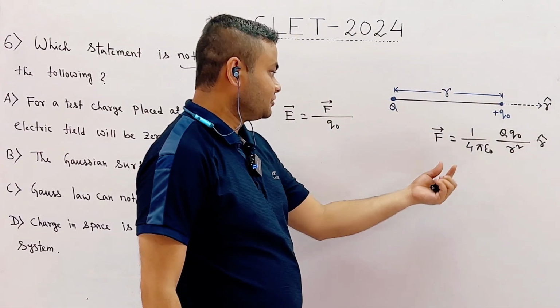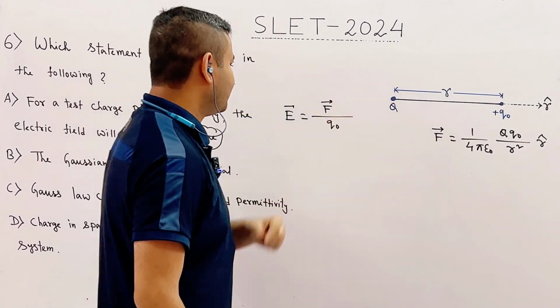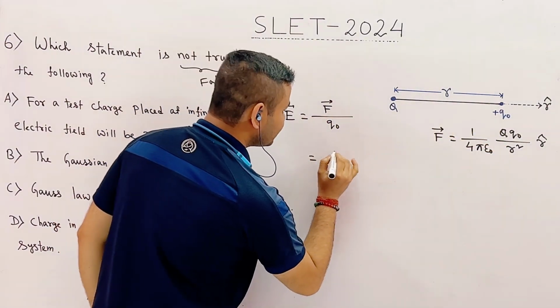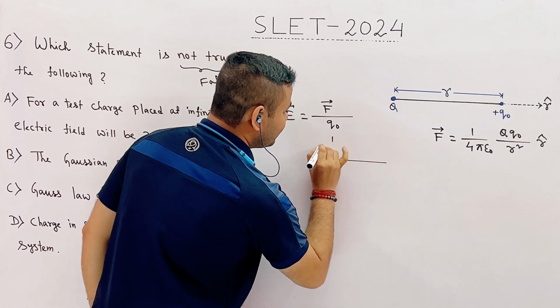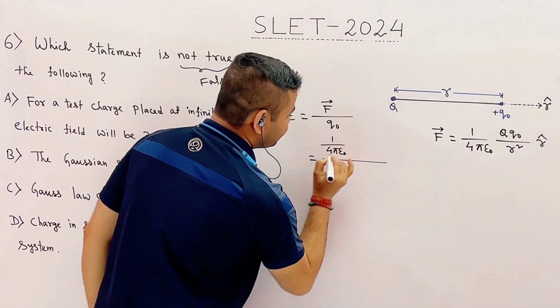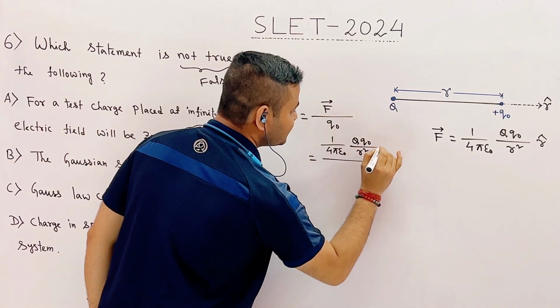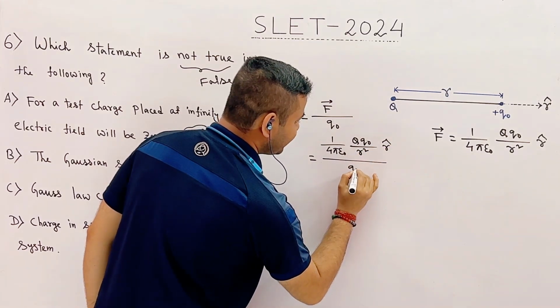Now let us substitute this value here. So finally we will get electric field at q naught as 1 by 4 pi epsilon naught q naught divided by r square into r cap divided by q naught.